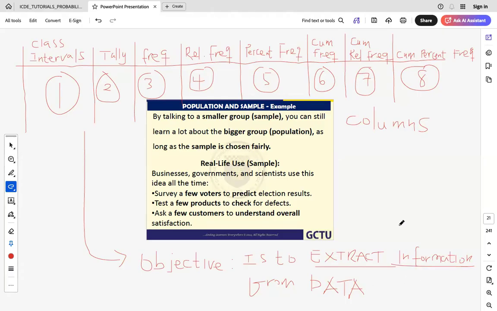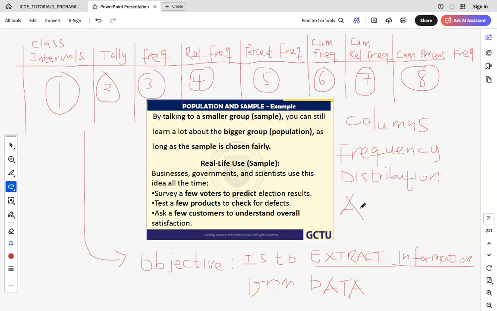And so pick an example and then we'll work the example out for you to see how these columns, when you put all together, the technique is called the frequency distribution analysis.